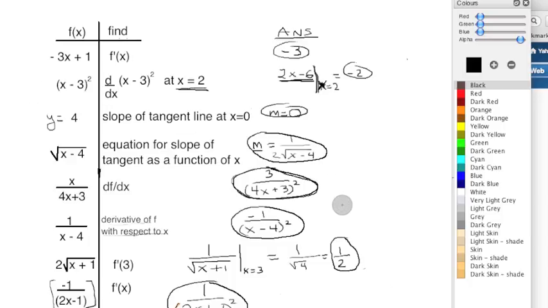Okay, the next one, find f prime of 3, and here's our function 2 root x plus 1. The derivative, or the f prime of x, should be 1 over the square root of x plus 1, and I asked to evaluate that at x equals 3. And when you put in x equals 3 for x, we have 1 over the square root of 4, which is equal to 1/2.